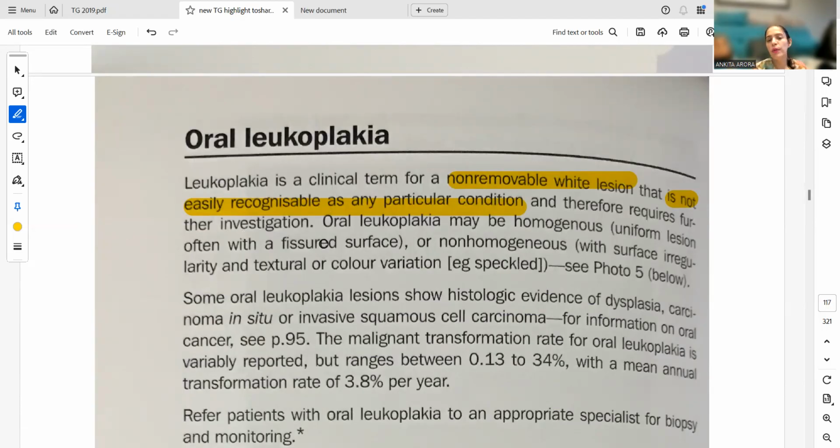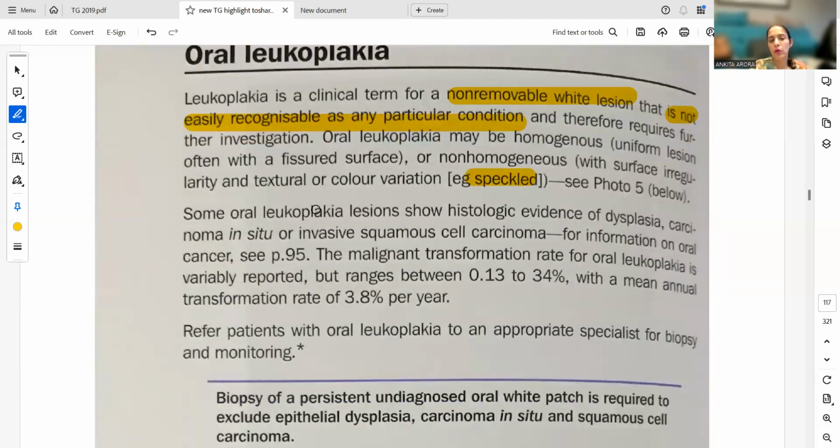Oral leukoplakia may be homogeneous, a uniform lesion often with a fissured surface, or non-homogeneous with surface irregularity and textural or colored variation, which is speckled. Some oral leukoplakia lesions show histologic evidence of dysplasia, carcinoma in situ, or invasive squamous cell carcinoma.